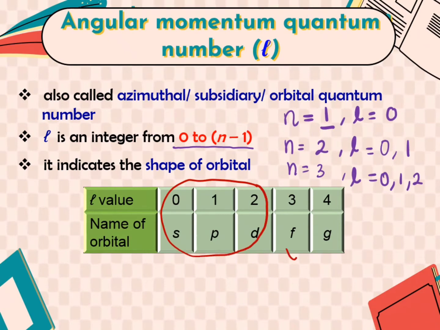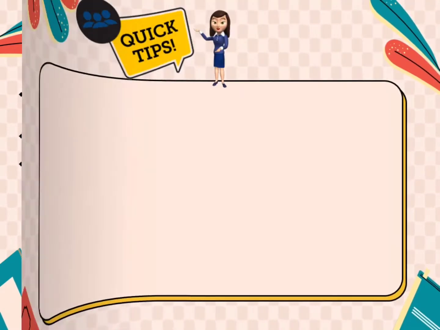For F and G, ini adalah out of syllabus you all. So 0 refer to S shape, 1 refer to P shape. If L equal to 2, refer to D shape. So ingat, L must depend on n.